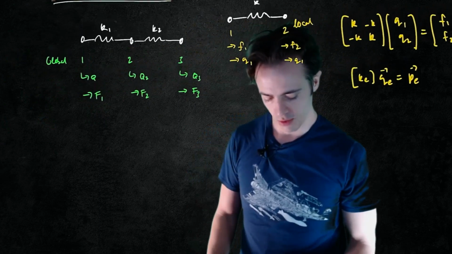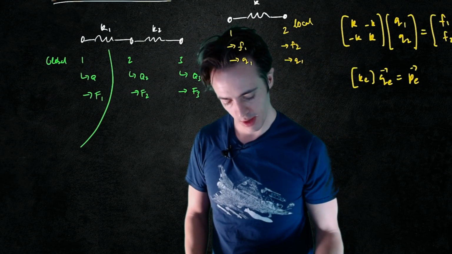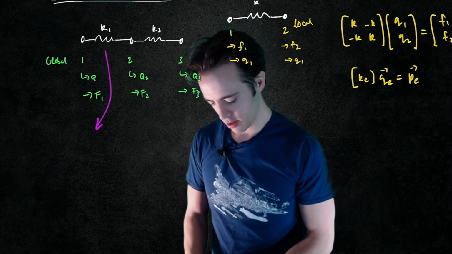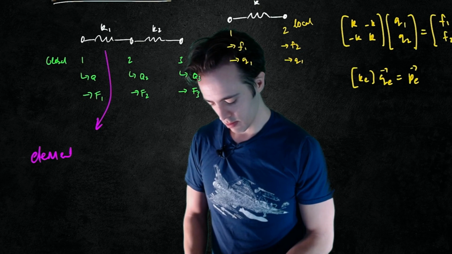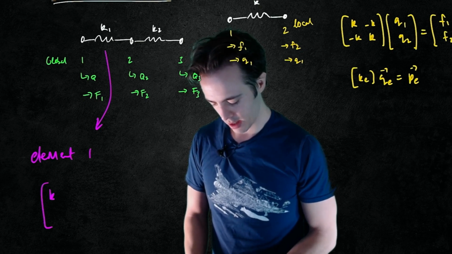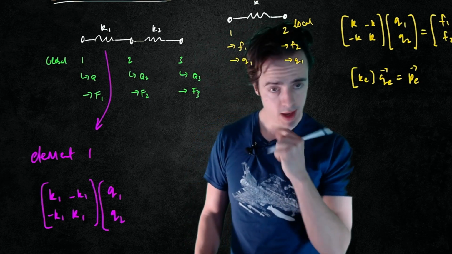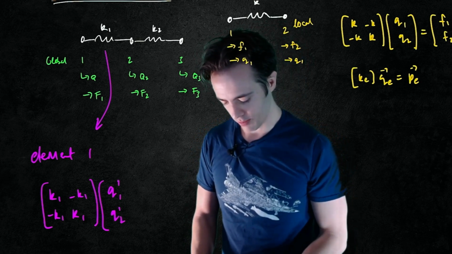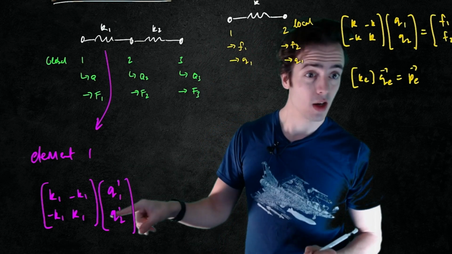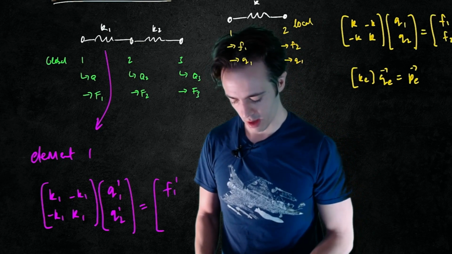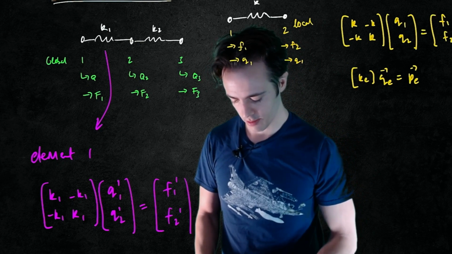We then said for this first element, let's draw in a different color so I'm not overusing that green. We said for element 1, we had K1, K1, minus K1, minus K1, Q1, Q2. We had to recognize that these belonged to element 1. These were the local Q1 for element 1, local Q2 for element 1. And then the same here, force 1 for element 1, force 2 for element 1.